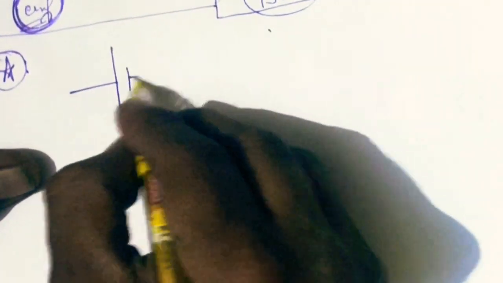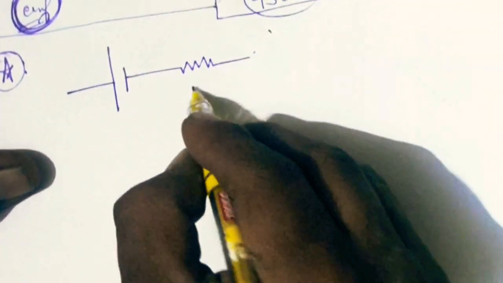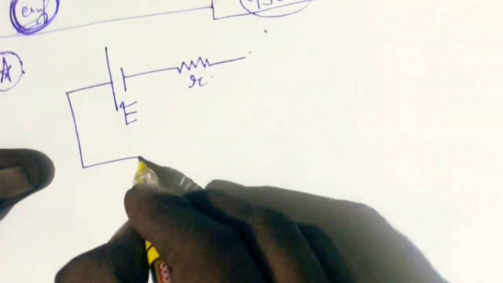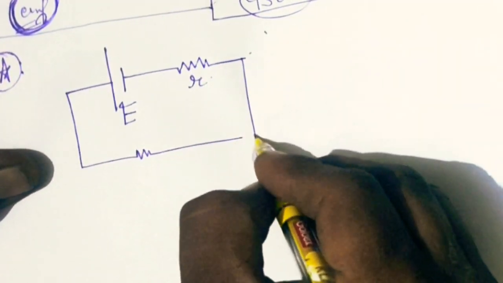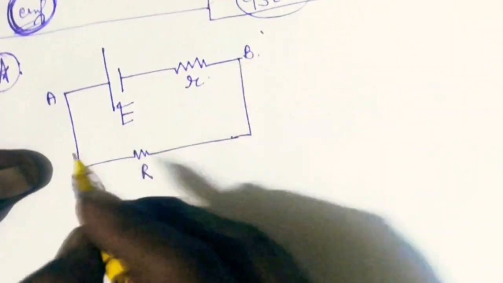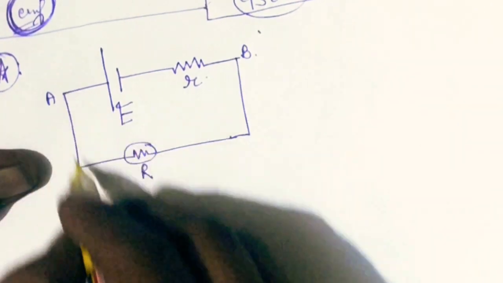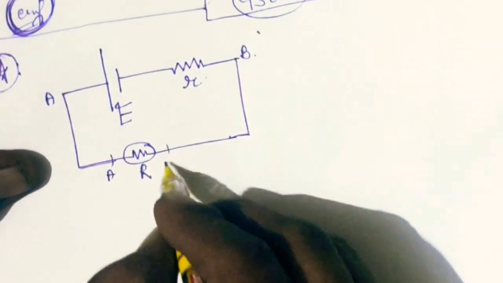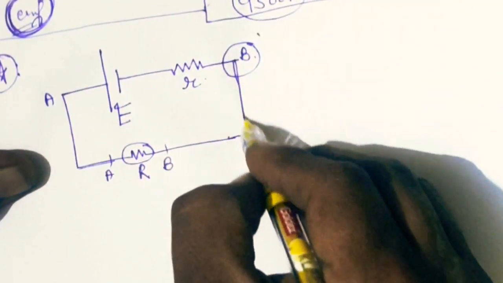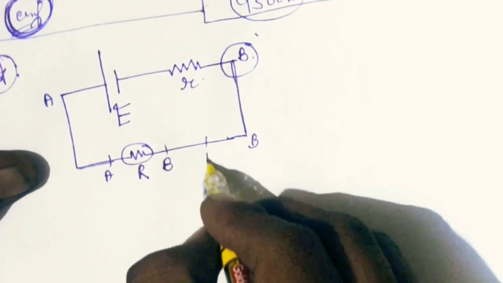First of all, let me introduce you to one more formula. If it is a cell, its internal resistance is r, its EMF is E. If it is connected to an external resistance R, let me call this point A and B. So this external resistance R is also connected to the points A and B. You can remember it like this, that when connecting wires are used, every point has the same potential.